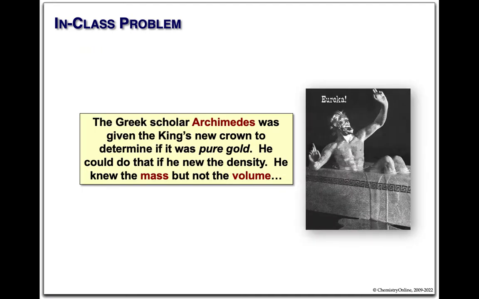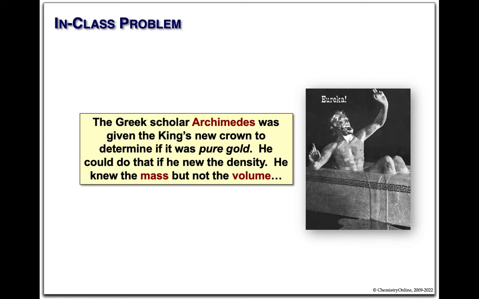Back in ancient Greece, there was a guy named Archimedes, like the owl. And there was a king. And the king was given a crown by somebody. It was supposed to be pure gold. The king, however, was suspicious that the goldsmith had taken and mixed lead in with the gold.